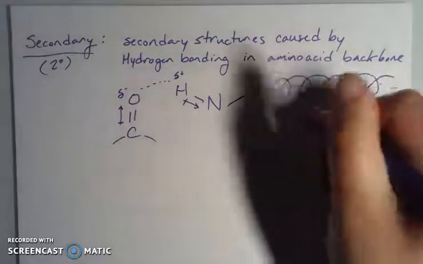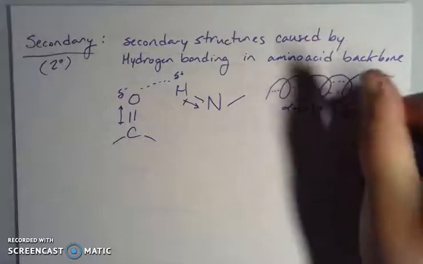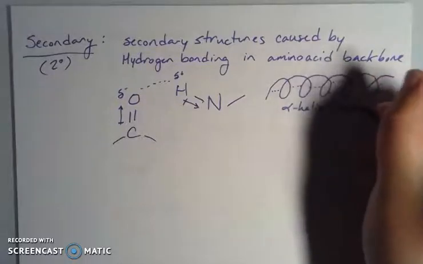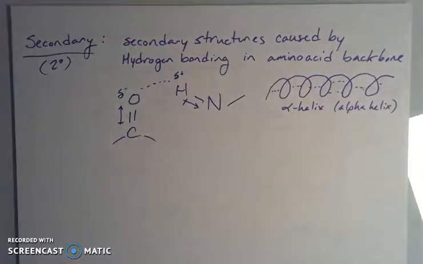So it coils up, and this is called an alpha helix. It's a Greek alpha. So that alpha helix always twists in the same way. It's kind of a clockwise twist, and this happens because of the hydrogen bonding between these backbone structures.